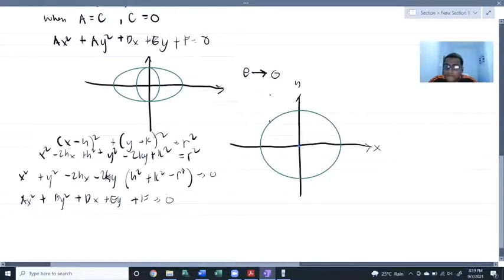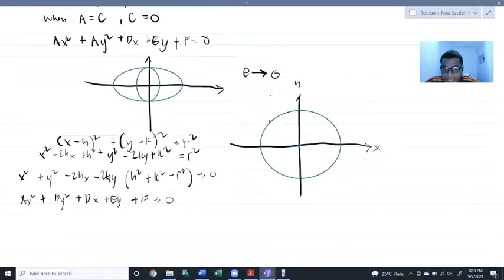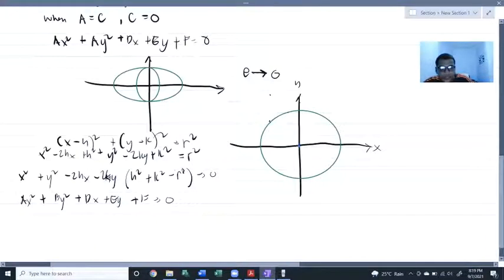If the general form is a circle, then it must have a radius. So this term here must be equivalent to f if we compare the two.